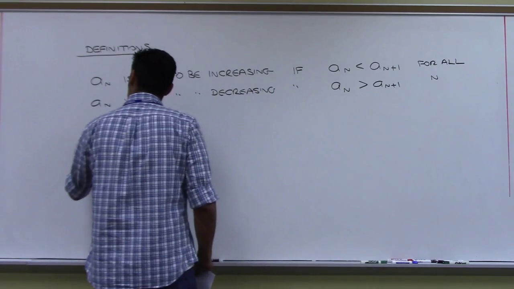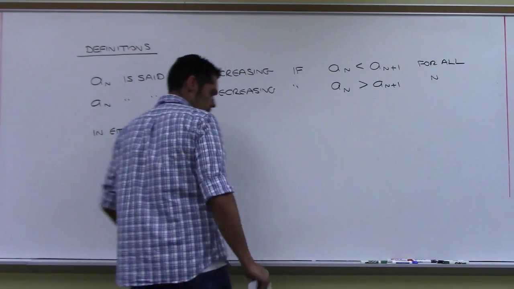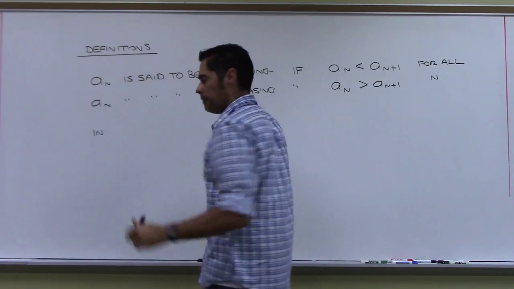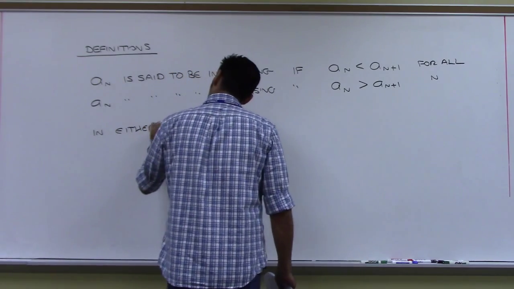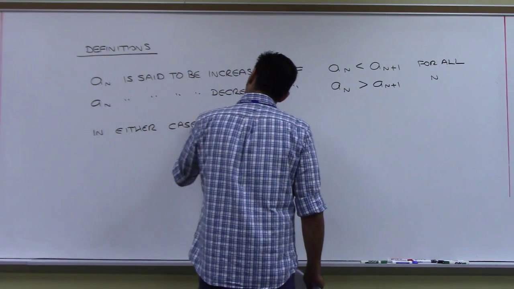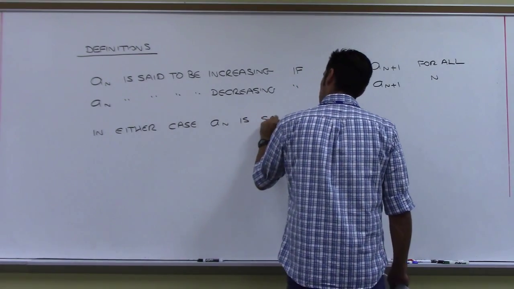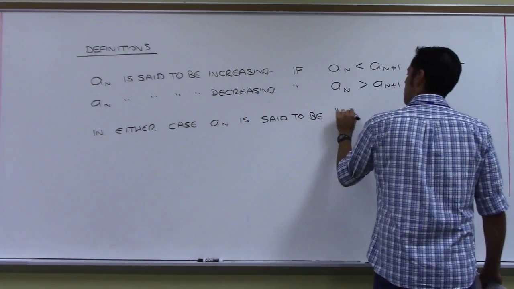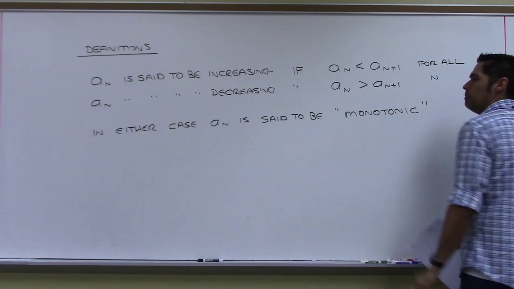In either case, a sub n is said to be monotonic.